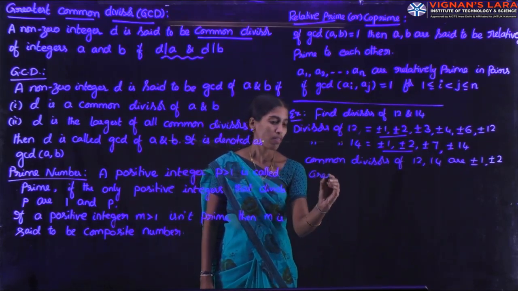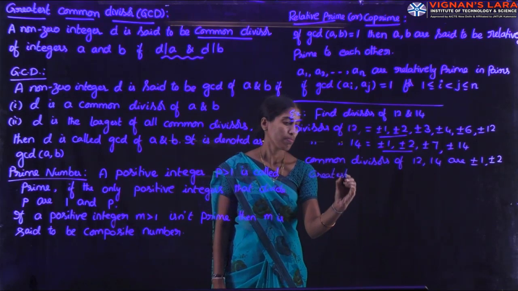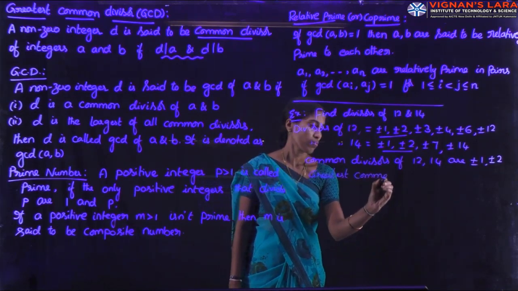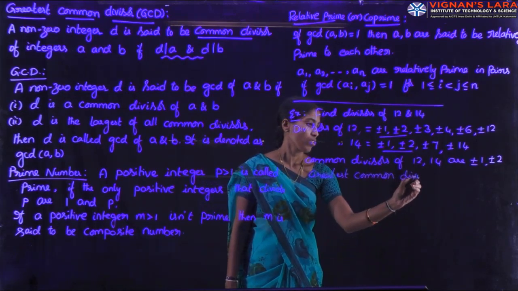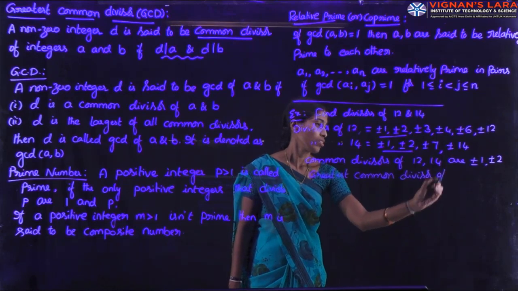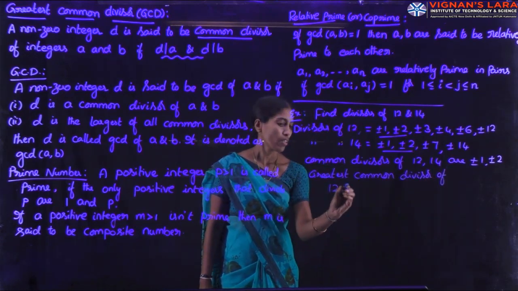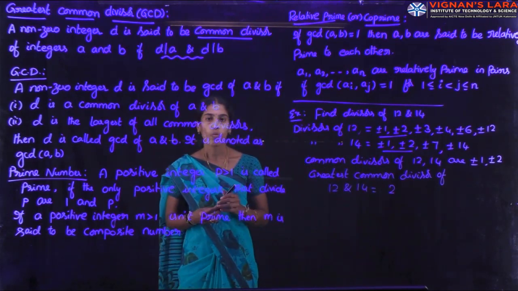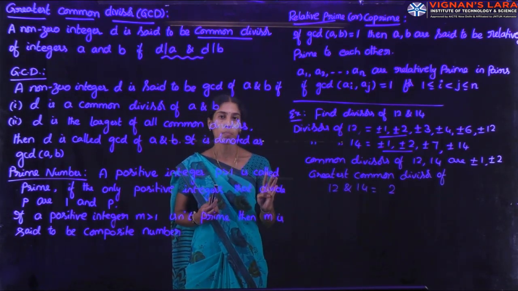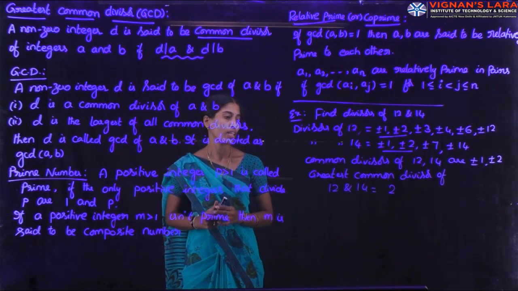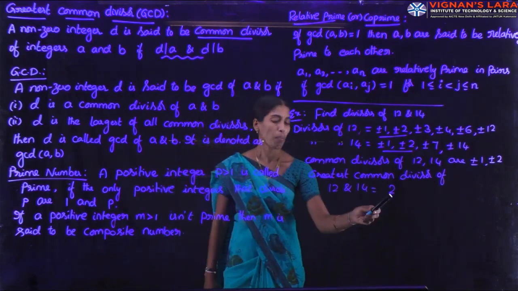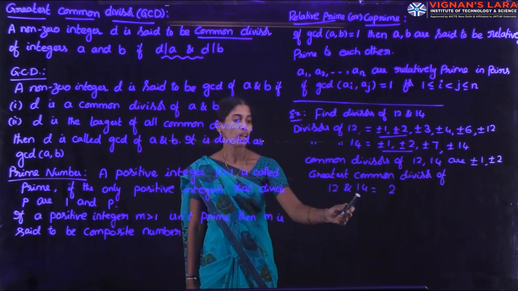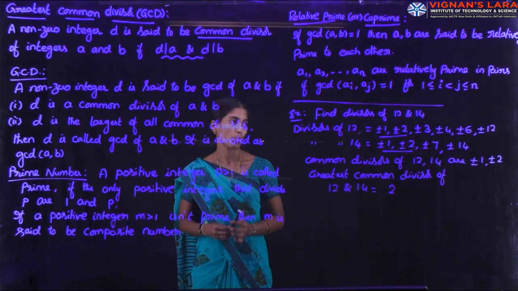The greatest common divisor of 12 and 14 is equal to plus 2. So we have four common divisors, minus 2, minus 1, plus 1, plus 2. Among these four, the greatest common divisor is plus 2. So GCD of 12 and 14 is 2, right?